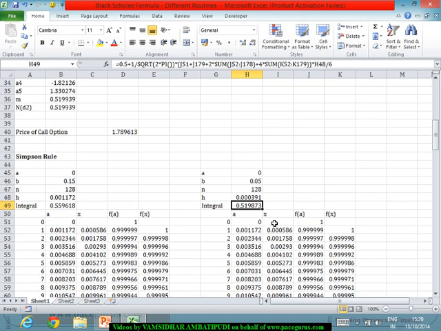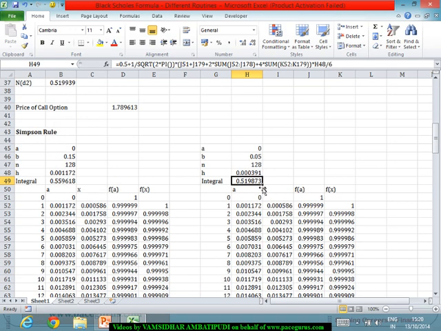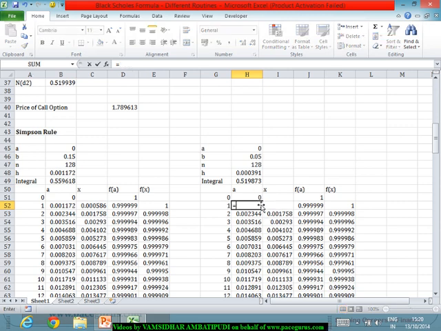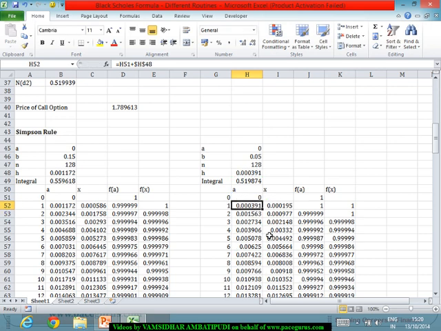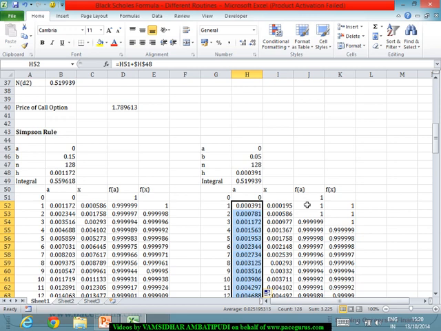Let me just check, did I make any kind of a mistake? This is my H, A0, H1. So here it is coming out as A0, which is this one, plus whatever is the H. This is the H. So because of this, all these numbers are getting updated.